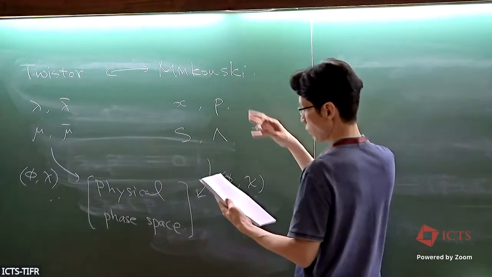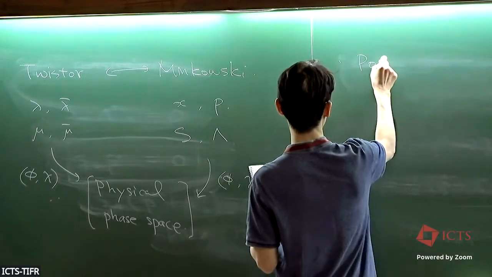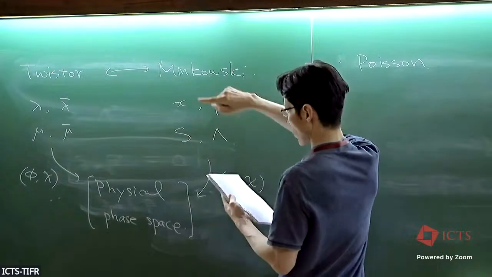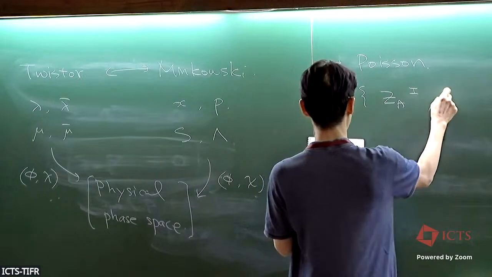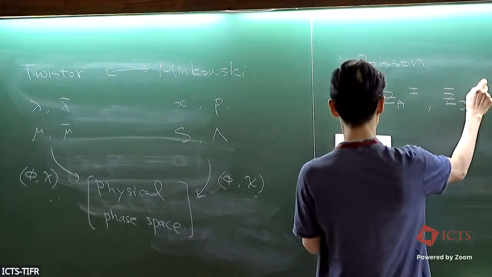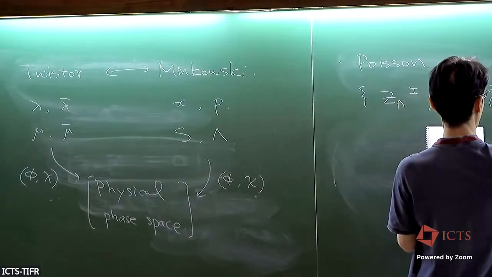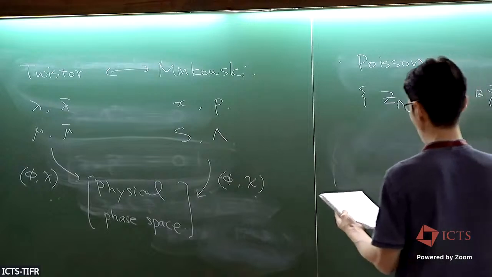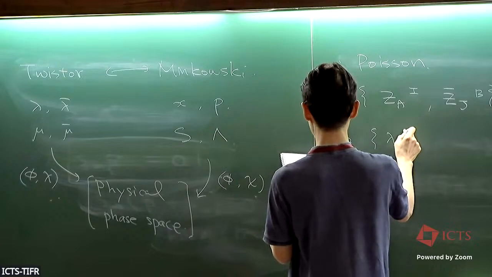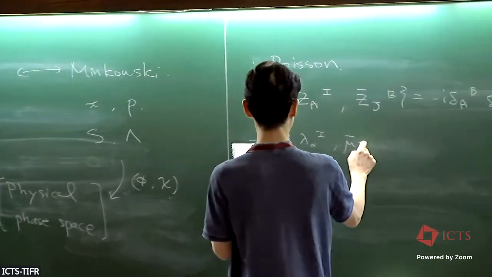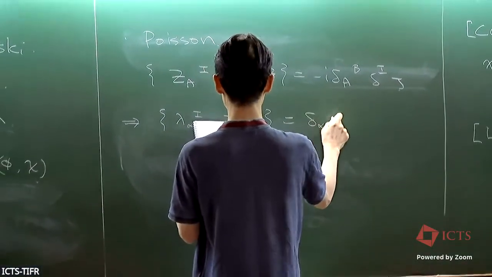So on the Twistor side, before introducing any constraints, the Poisson bracket compatible with this symmetry is also very simple. And in terms of two-spinor notation with alpha, alpha dot, beta, beta dot, and so on, lambdas and mu's are mutually conjugates.